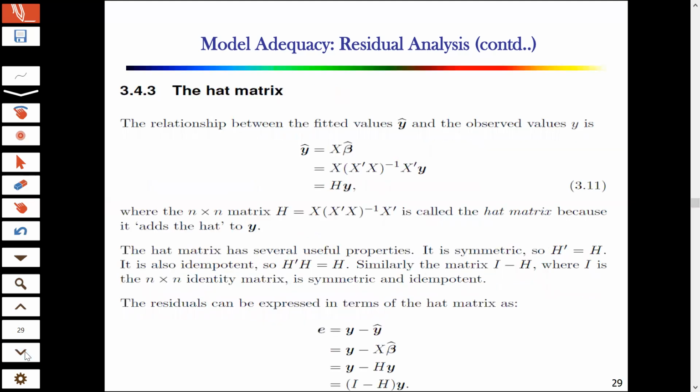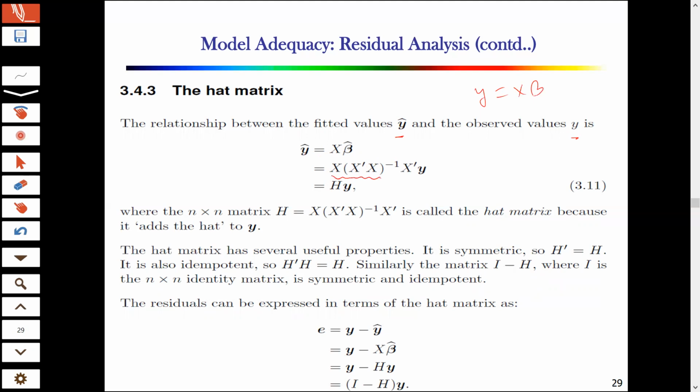Before discussing the other one, studentized residuals, we are discussing the hat matrix. The hat matrix gives the relationship between the fitted value y hat and the observed value y. We know that in our model y equals X beta, so y hat equals X beta hat.